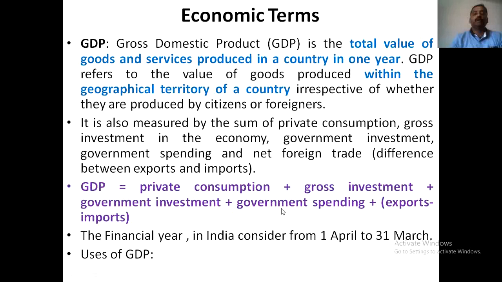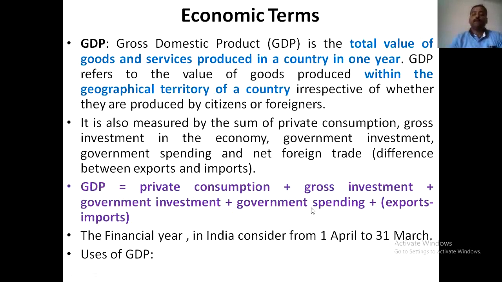Okay, now government spending. Government spending means what? Spending means expenditure. Government spends lots of money on different socio-economic programs for the development of a country. Like government spends annually some hundreds of crore rupees for development of satellite or missile technology.